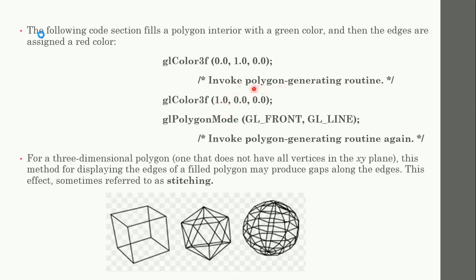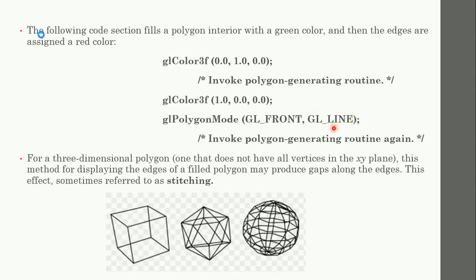Between that you are going to invoke certain polygon generating routines also, which are not shown here completely. Later you display the wireframe structure using glPolygonMode, GL_FRONT, comma, GL_LINE. So this is one function you have to display the wireframe structure.